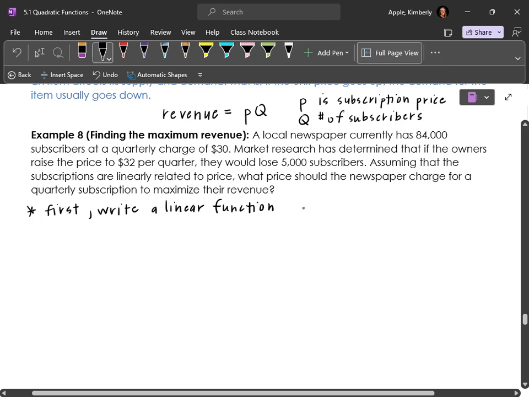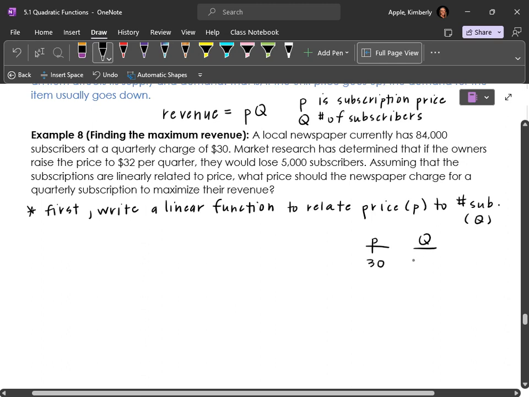So we want to write a linear function to relate the price P to the number of subscribers Q. And how are we going to do that? Well, we're going to do it exactly the way we did it in the last chapter. We're going to make an input-output table with P's and Q's.